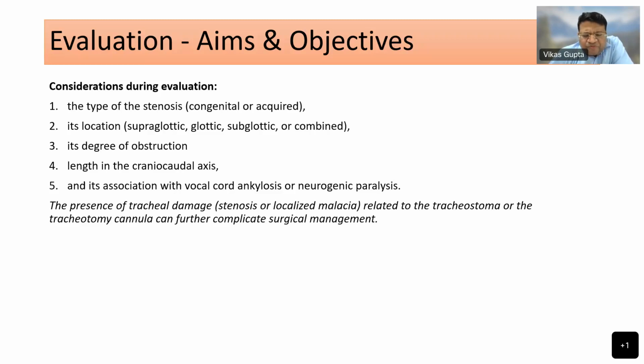So we need to know very clearly which sites or subsites are involved by the stenosis. The next thing is the degree of obstruction, that is, how much the airway is compromised. If we say the lumen is 100%, whether it is a 75% compromise, a 50% compromise, or there is no airway, a complete obstruction between the upper and lower airway.